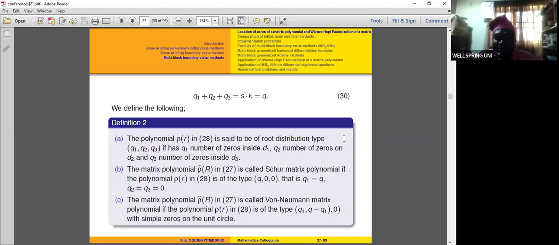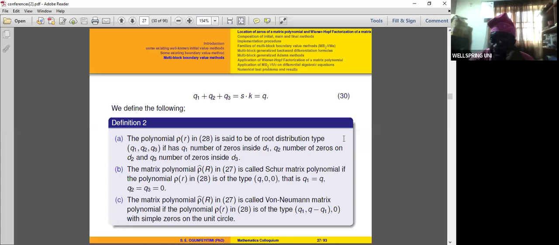Now, part B is telling us about Schur matrix polynomial. We all know a Schur matrix polynomial is the same thing as A-stability. It means that all the roots must be inside the unit circle. We don't want any root on the boundary or outside. That is to say, Q1 equals Q, and Q2 and Q3 must be 0.